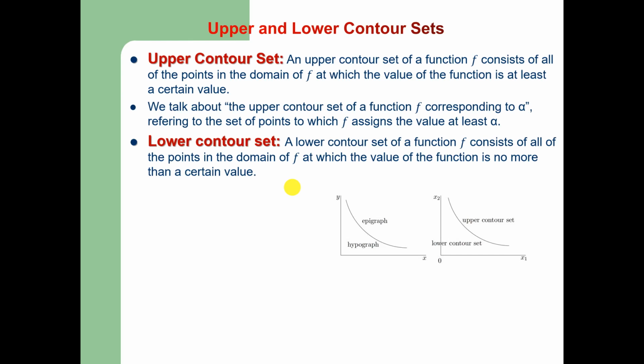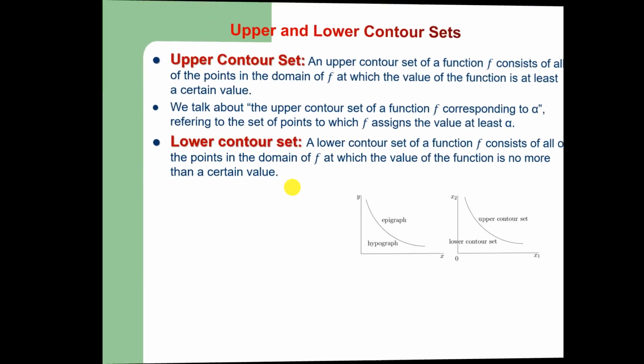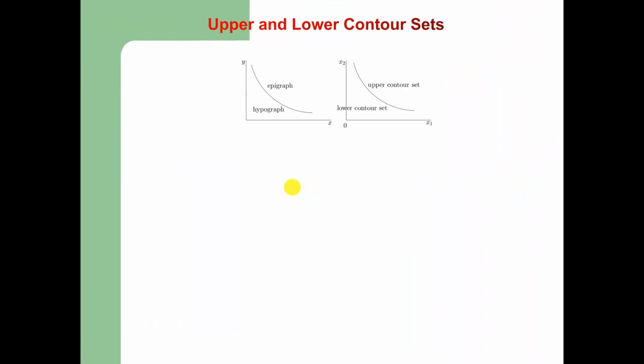A lower contour set of a function f consists of all the points in the domain of the function at which the value of the function is no more than a certain value. In order to understand the concept of lower contour set and upper contour set, I'll give you an example of these two graphs.